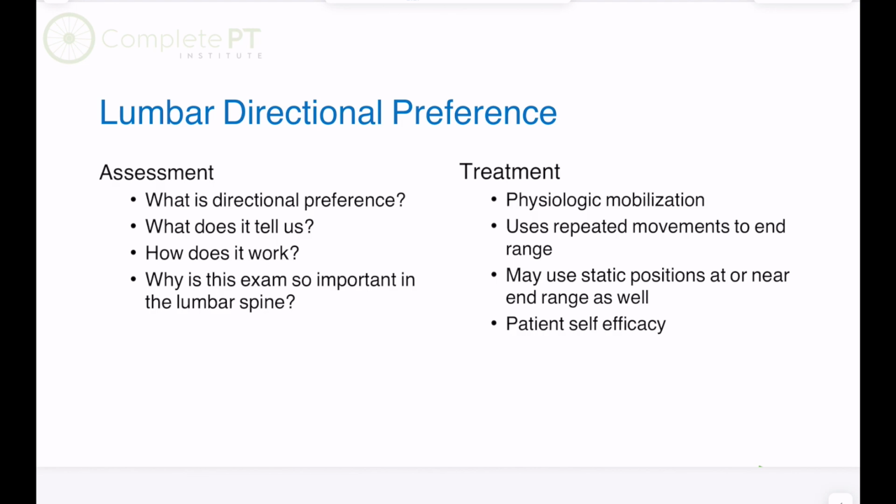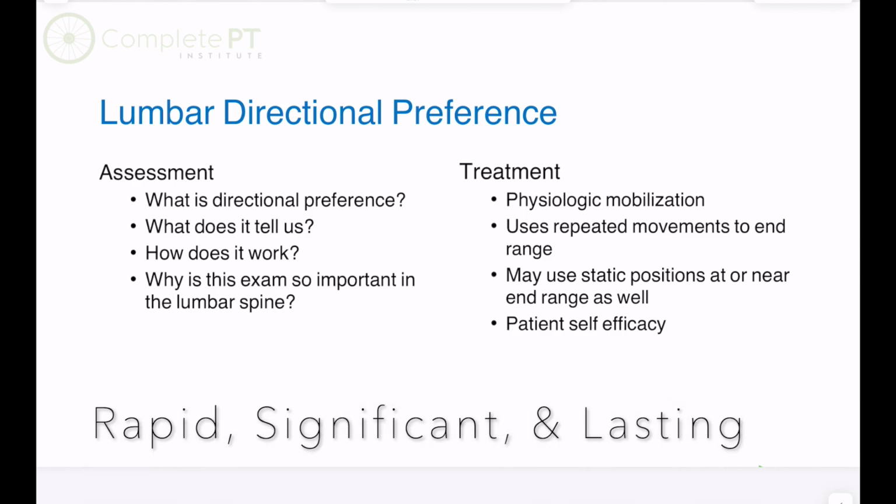So the first thing is just to really define what is directional preference, and I'll show you a graphic here in a minute that will help you understand what this is. But basically, it is a movement of the lumbar spine that, when performed repeatedly to end range, will produce a rapid, significant, and lasting improvement to relevant baselines.